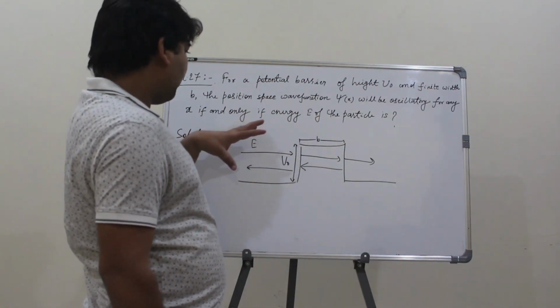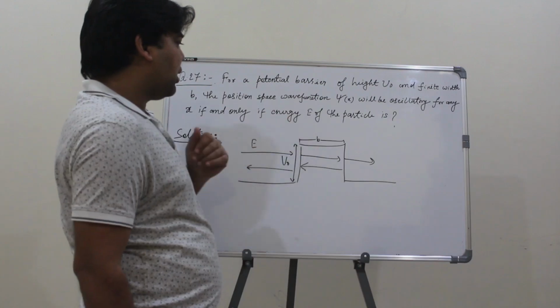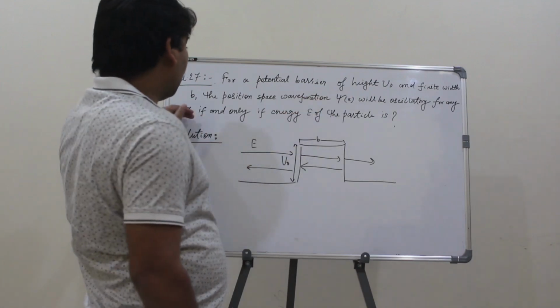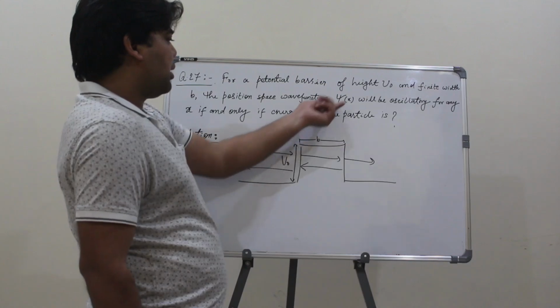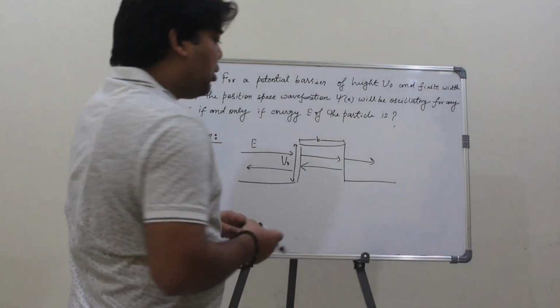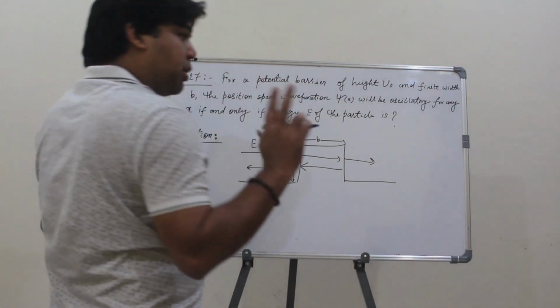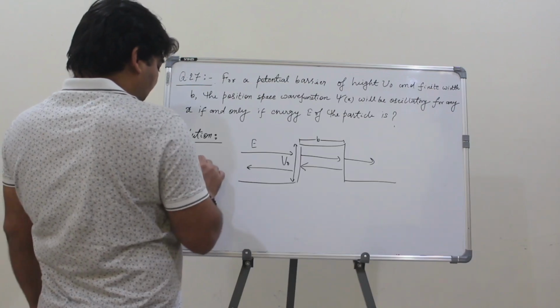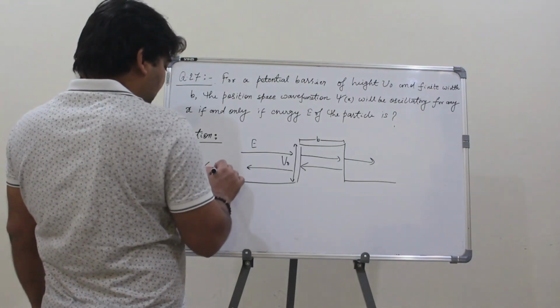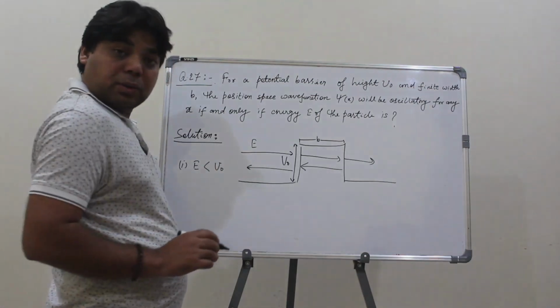Now if you want a solution which is oscillatory in psi x for any x, then how is E related with u0? Now you remember that there are 3 cases. First case is when E is less than u0.